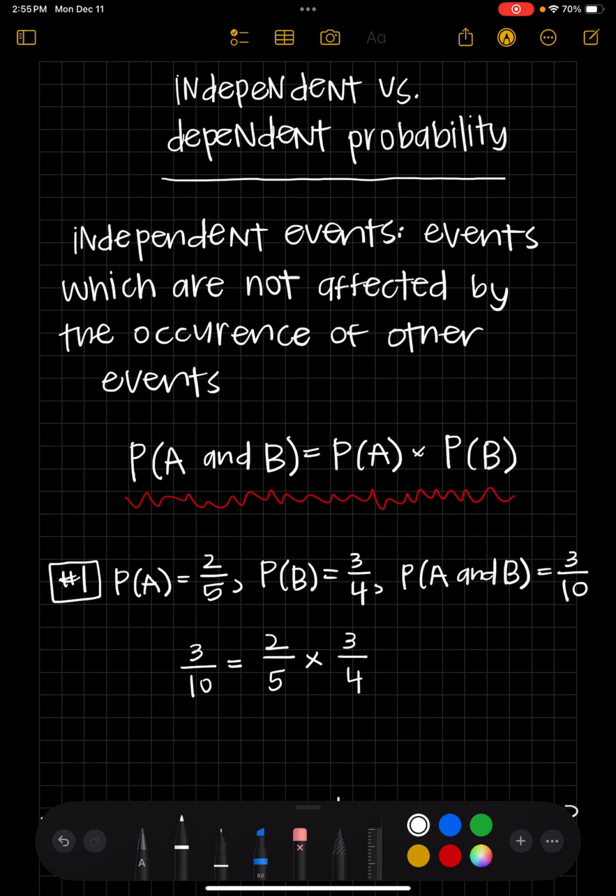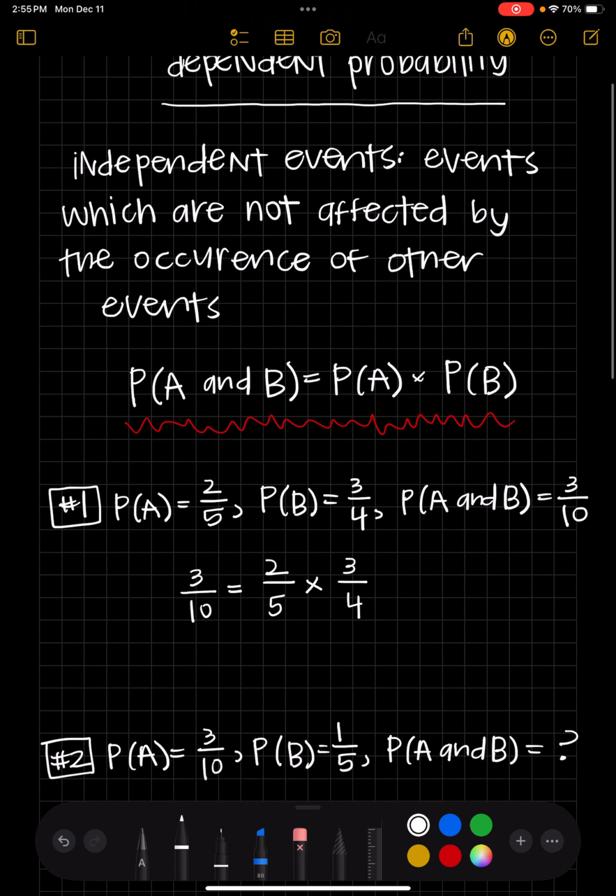Now what I want to do is figure out if the left side is equal to the right side. The left side is 3/10. I can't simplify that any further, so we're going to leave it as 3/10. But on the right side, what I can do is actually multiply those fractions. When I multiply fractions, I multiply top times top, bottom times bottom. So 2 times 3 is 6, and 5 times 4 is 20.